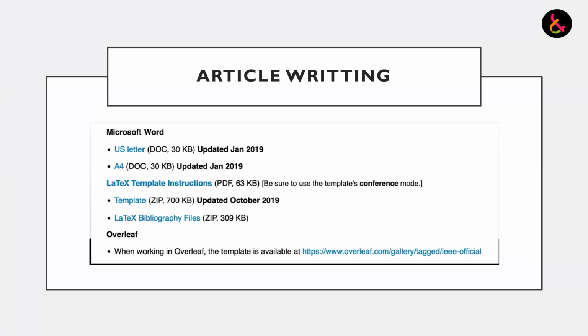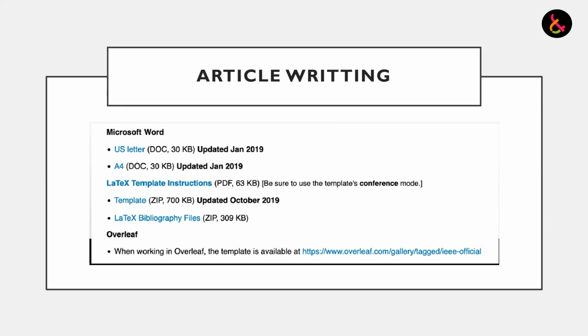Sometimes some journals do not ask for any particular format or style, but they just have instructions like: you have to use a certain number of columns, follow the size of the text, and use a certain font, like Times New Roman or Calibri, whatever.